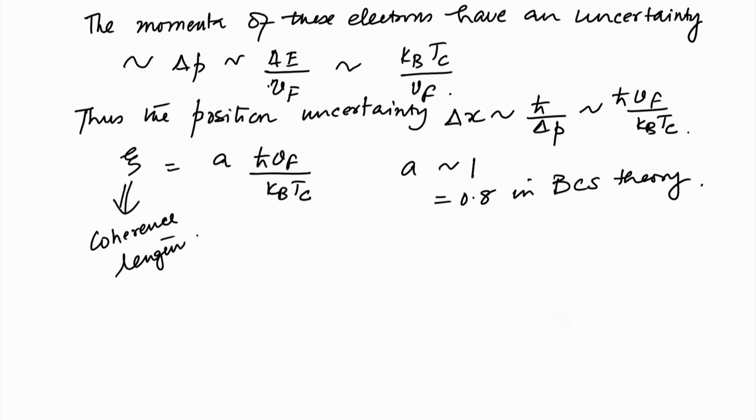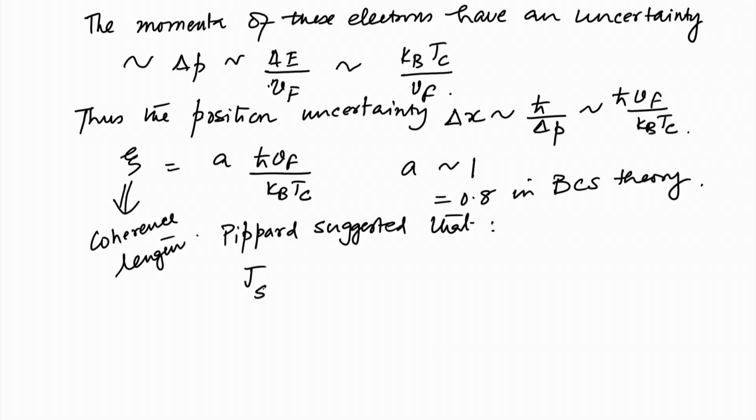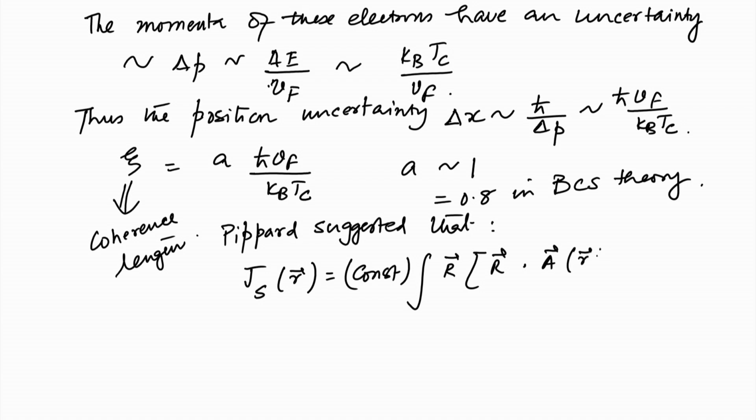So, Pippard suggested that Js at r should be written as an integral rather than writing it as ns into E into Vs. So, this is equal to some constant which is not so important, times the integral of r dot A at r prime, where this is that r prime that we were talking about, and r, and this is e to the power minus r by xi, d r prime.